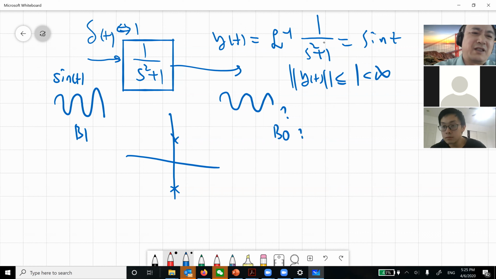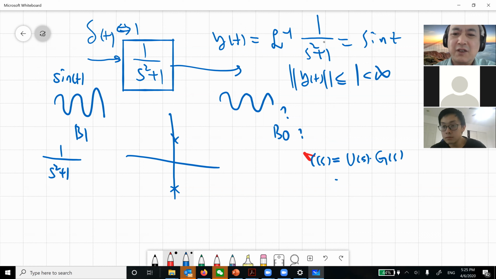That is basically asking about if my input is sine t, so my y of s is u of s times g of s. My u of s is 1 over s squared plus 1, and this is my g of s.